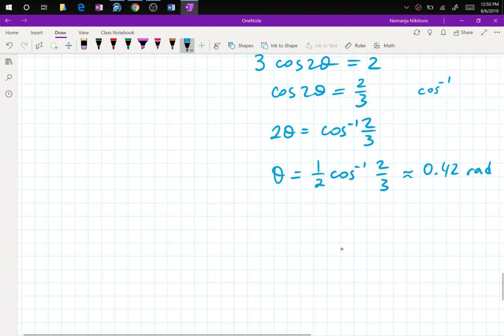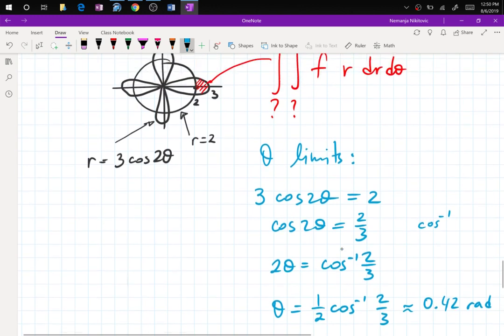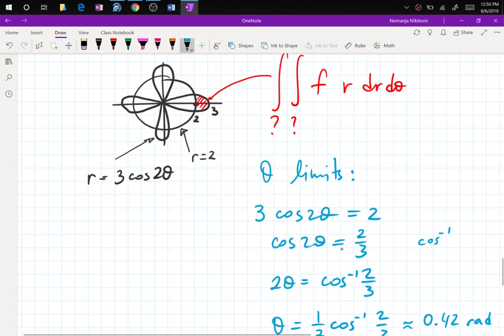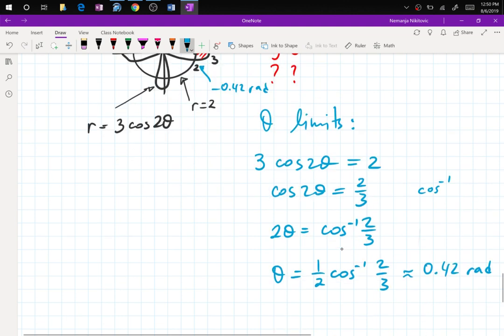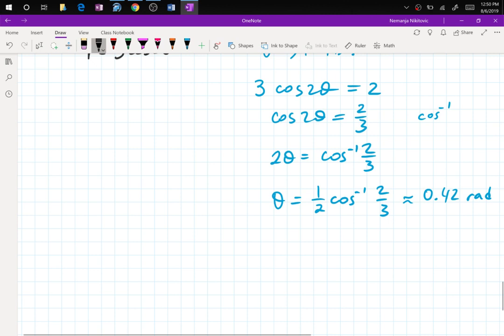You have to solve these problems in radians because all of the calculus works in radians. Now this means that this angle here is 0.42 radians. That means that the one on the bottom is negative 0.42 radians. And those are your limits. So if you want to calculate the volume, you will have this negative 0.42 and 0.42.